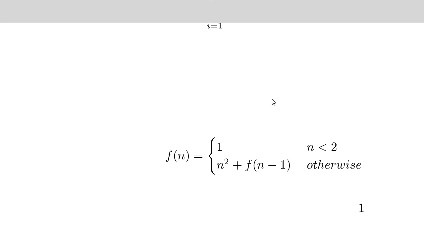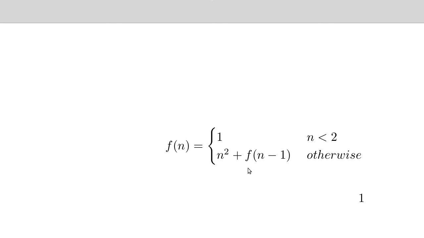We can define this recursively using this definition. So once again, if n is less than 2, we're going to give back 1. In all other cases, we want n squared plus the function that we're defining here operating on n minus 1.